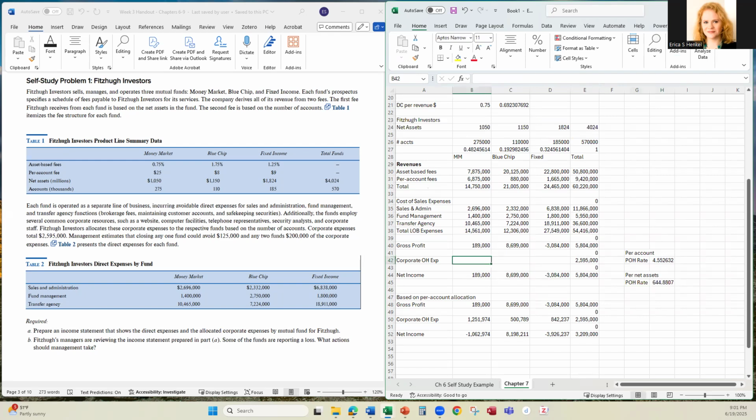And then we're going to take the net assets we have here times that new rate that we calculated. And so if we do it that way, highlighting that, it's still our correct total of 2,595,000.